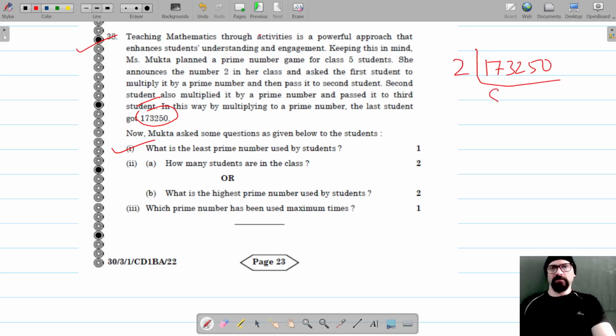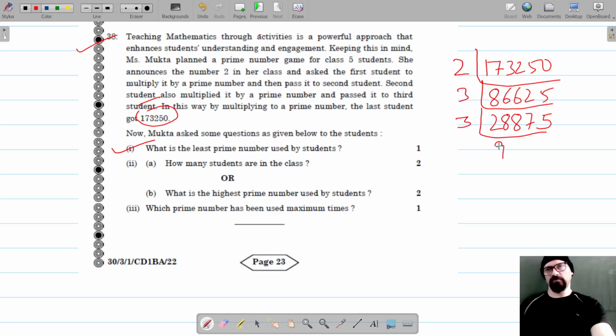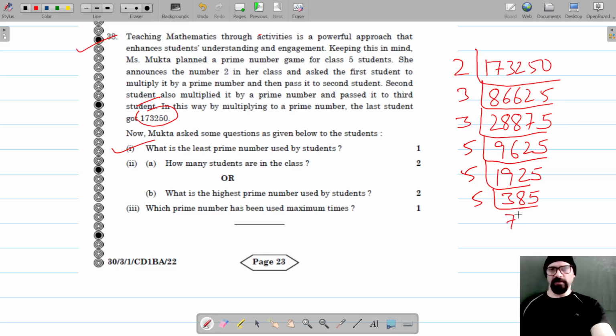Dividing by 2 gives 86625, then dividing by 3 twice, then by 5 three times, then by 7 and 11.